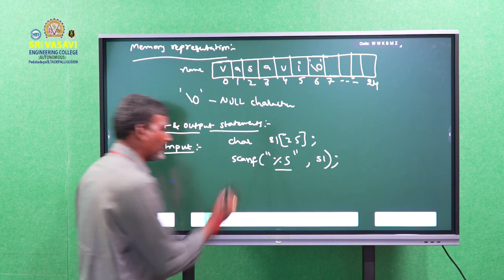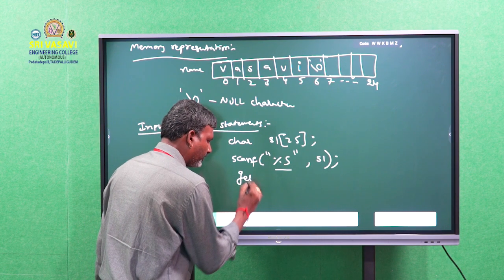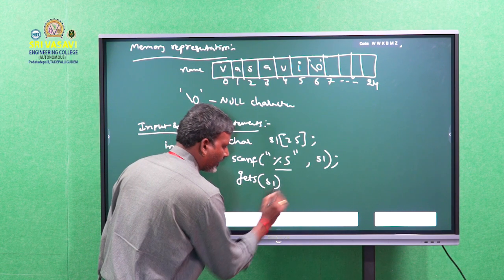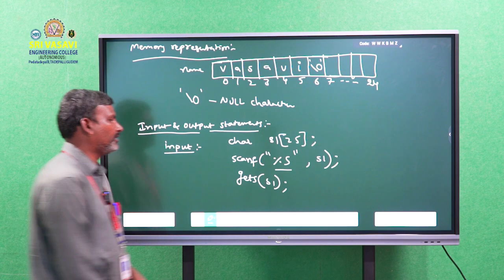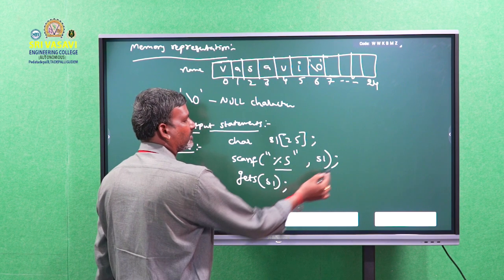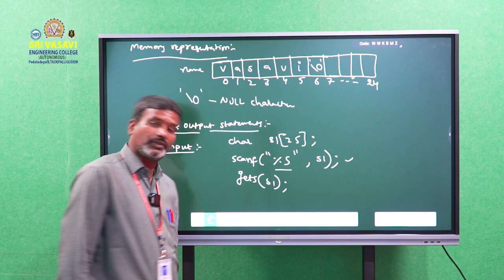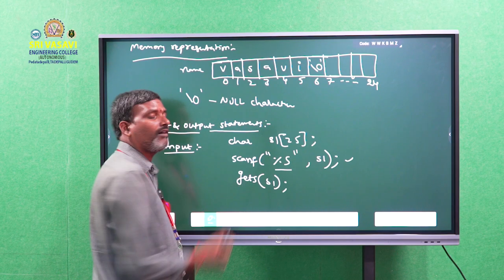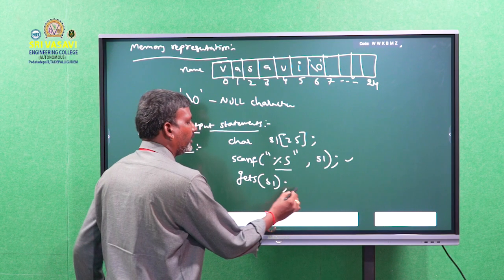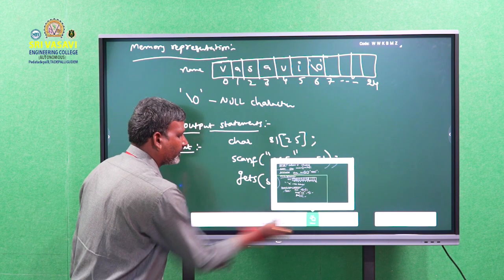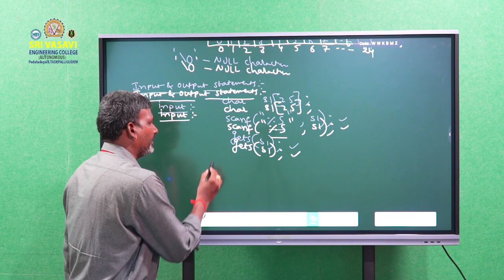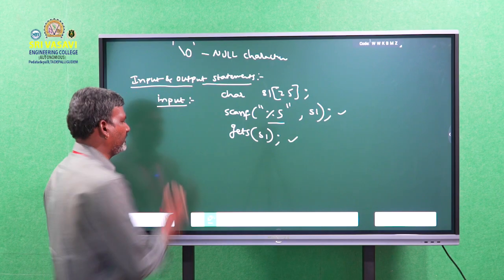And the second one is gets of S1. Here scanf percentage s and S1 reads a string, and gets of S1 also reads a string.